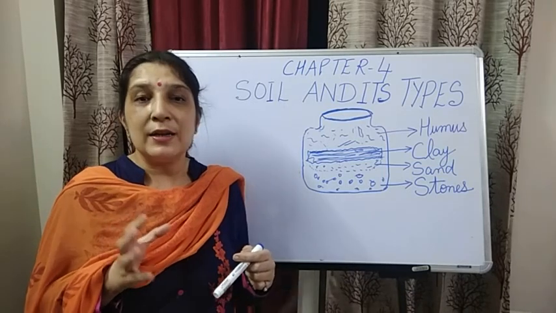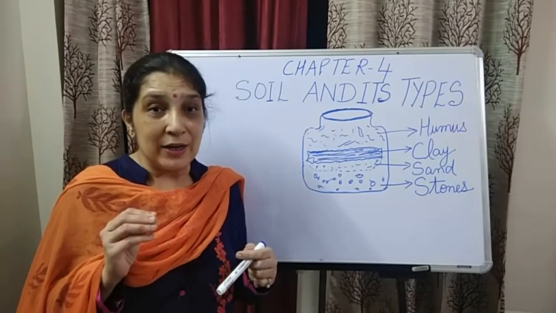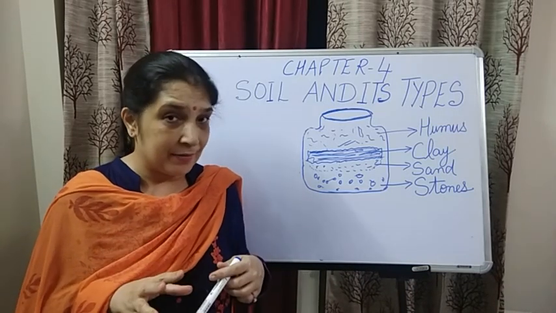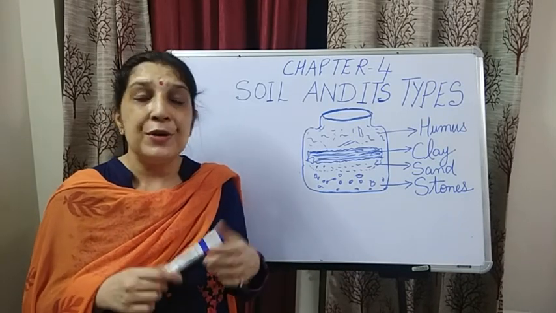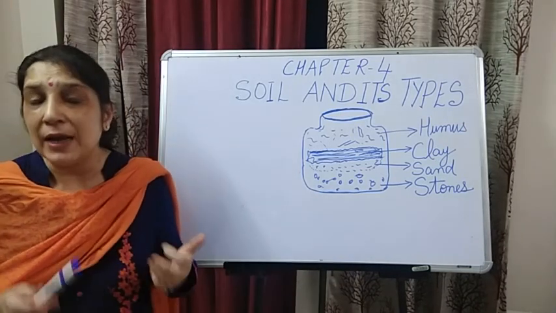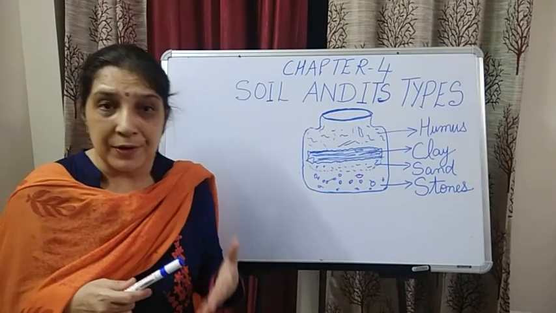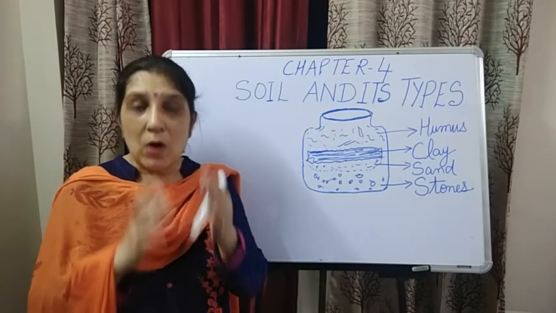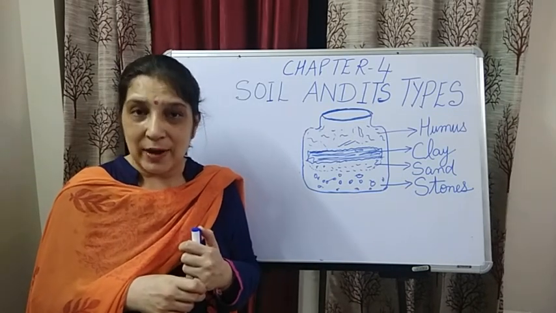So it has more water and less air. Air is less in this and water is more. Do you remember when you were young, you were playing with this, making toys? So pottery is done with the help of clay. Pots are made, toys are made with clay soil.